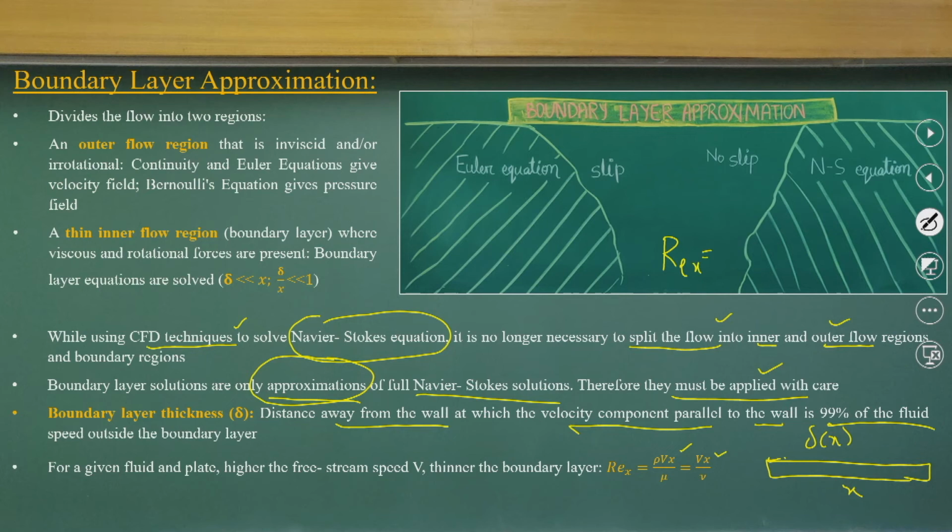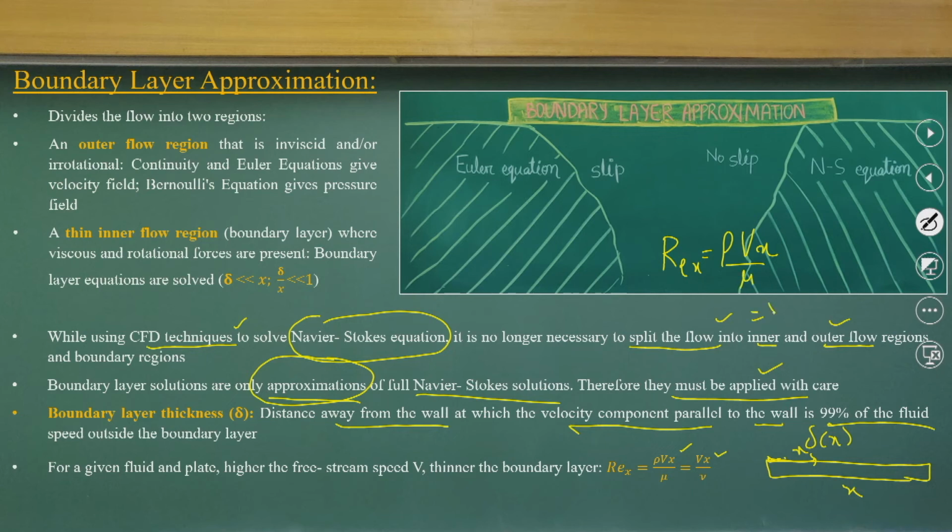So Rex, the Reynolds number we consider for a boundary layer, is V, the free stream velocity, times x, the characteristic length, divided by mu, the dynamic viscosity.